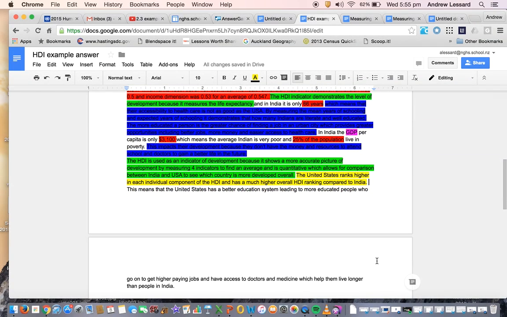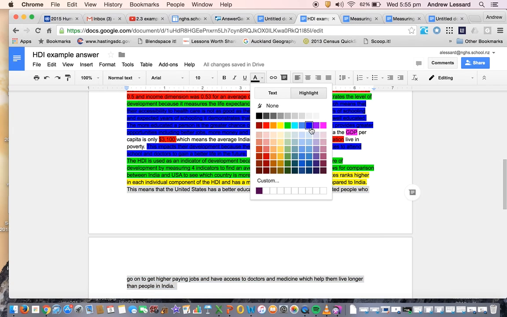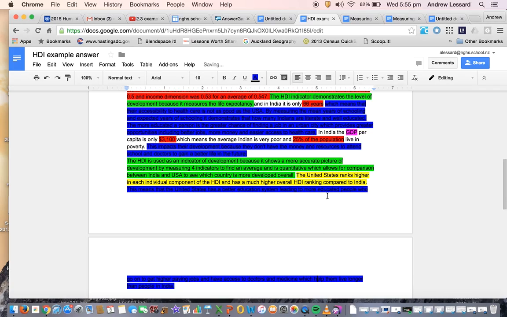And then to wrap it up, you say this means the United States has a better education system, which leads to more educated people who go on to get a higher paying job, have access to doctors and medicine, which helps them live longer than people in India. And all of that means more money in the economy, which means the country is more developed. So that's an explanation.